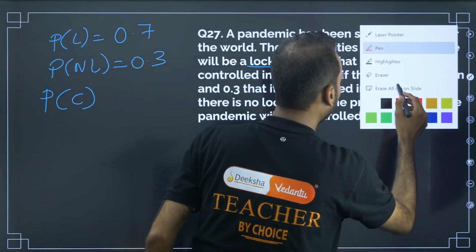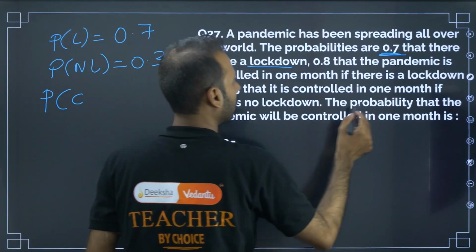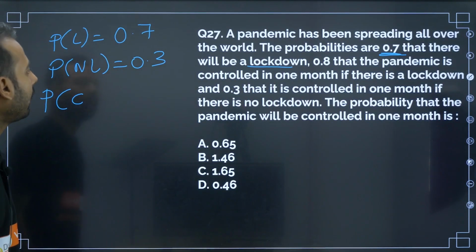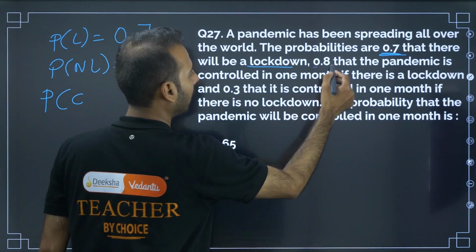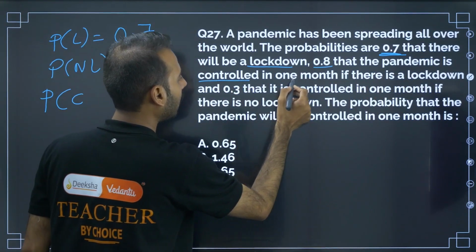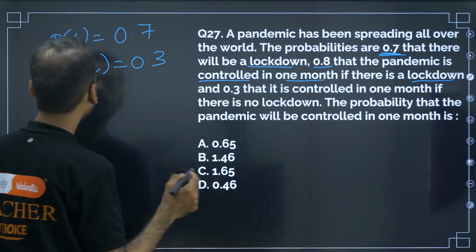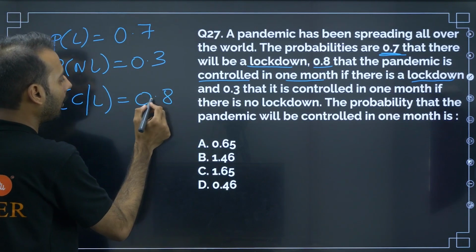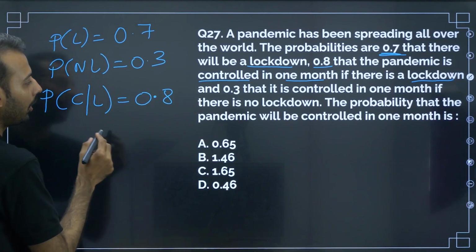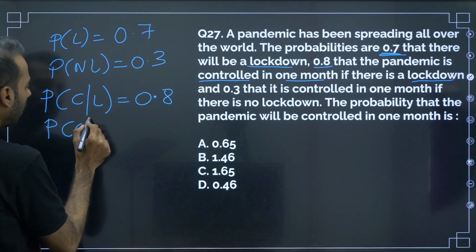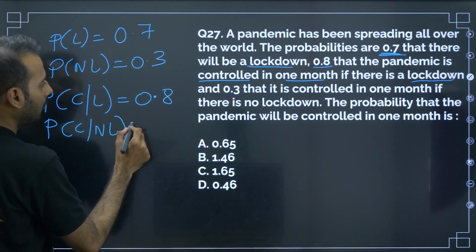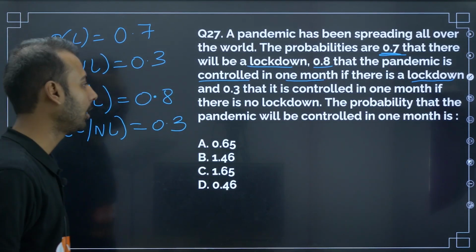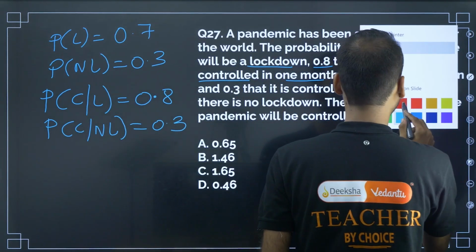So the next point you observe: controlled given there is a lockdown is 0.8, and controlled given no lockdown is 0.3. Now go through the question.